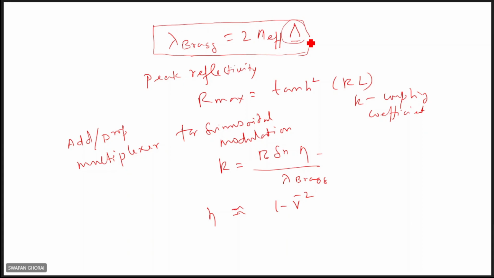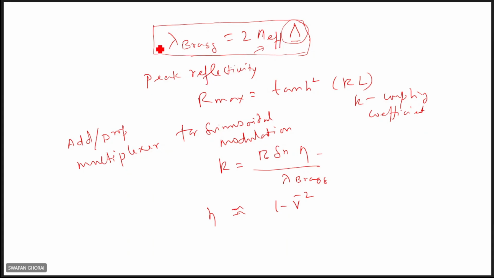This capital lambda is the grating period, and n effective is the effective refractive index. During fabrication, the refractive index will increase, and that increased refractive index is called the effective refractive index.